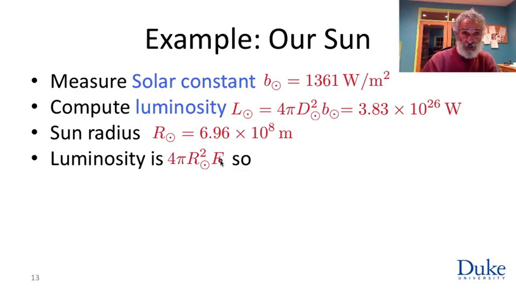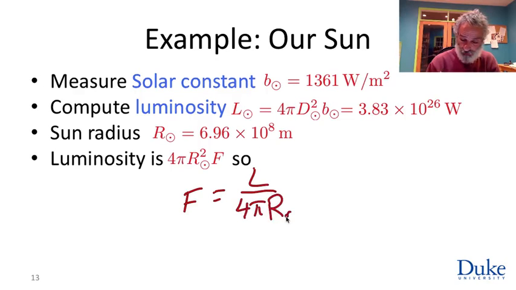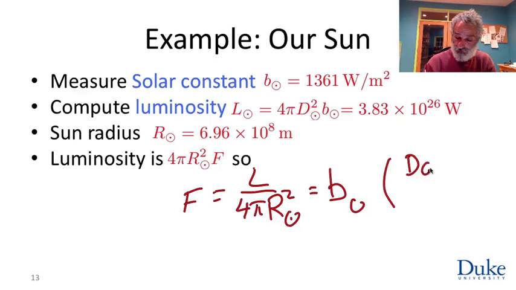So the scaling relation is going to be that I have F, which is L over 4 pi times the radius of the sun squared, and I have that B is L over 4 pi times the distance to the sun squared. I can cancel everything around, and find that F is B times the distance to the sun divided by the radius of the sun, squared.